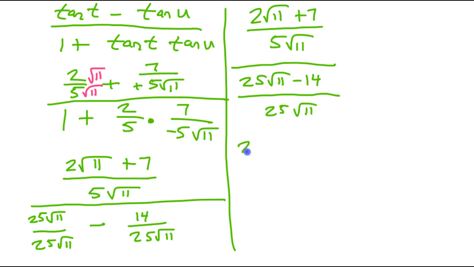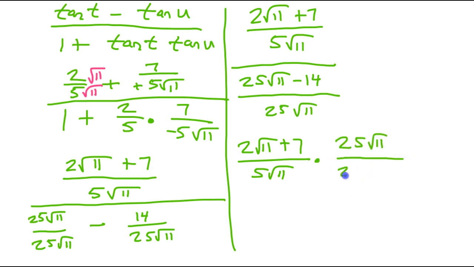So I will have 2 radical 11 plus 7 over 5 radical 11. Okay, that's the numerator, times, now I'm going to do the reciprocal of this. So that'll be 25 radical 11 over 25 radical 11 minus 14.